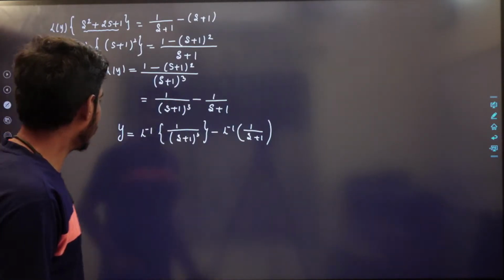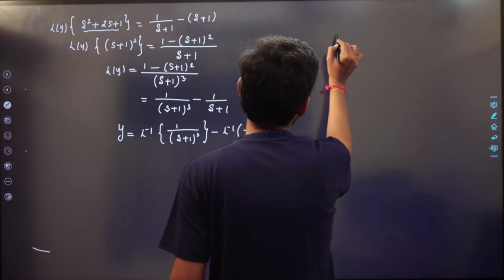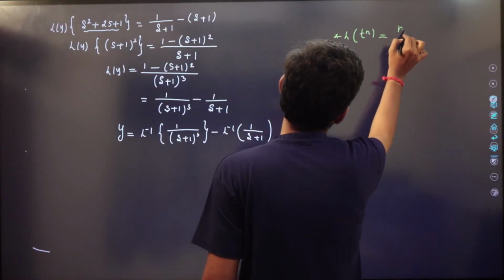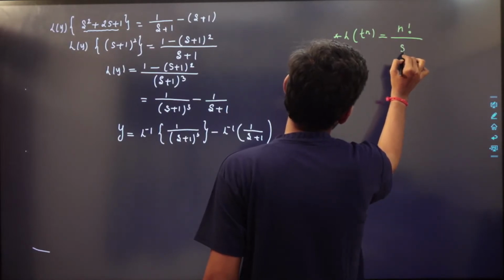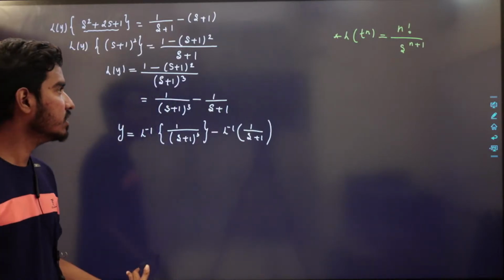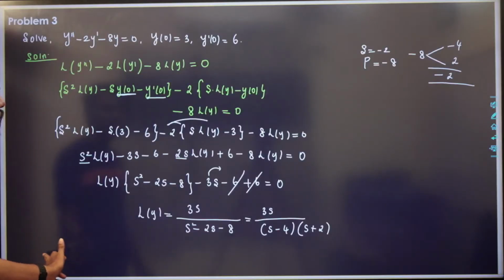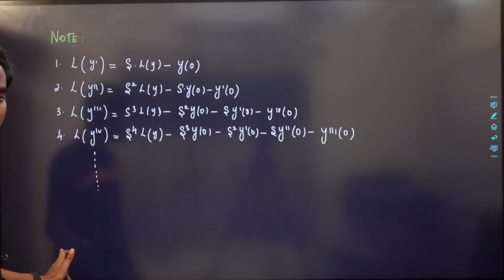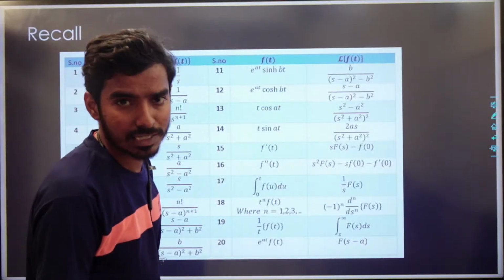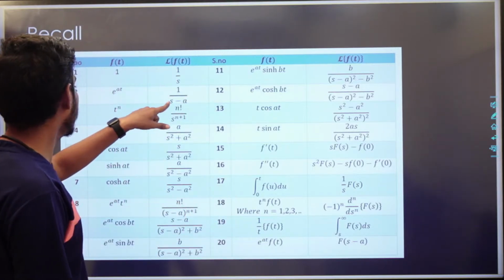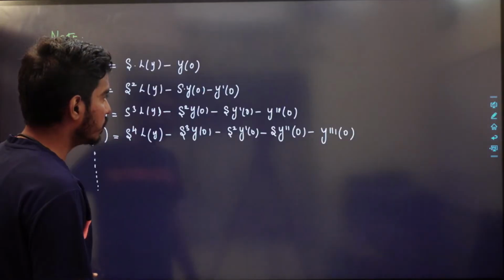We know L of t power n is n factorial divided by s power n plus 1. Very elementary formulas. I strongly recommend you watch my Laplace transform video. I'll attach a link in the description also.